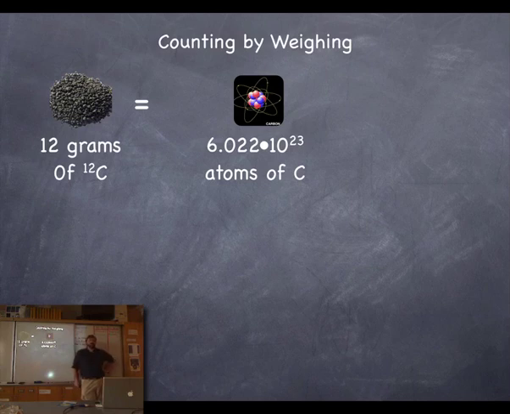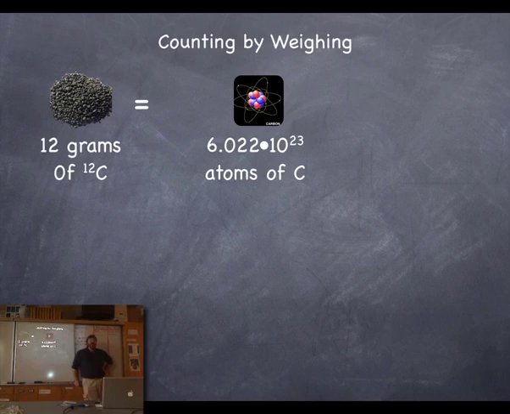What if I had 500 sheets of paper? That would be one ream of paper. So we have words that represent numbers of objects: dozen, gross, reams. I can have a dozen eggs, a ream of paper, a dozen cans of soda.